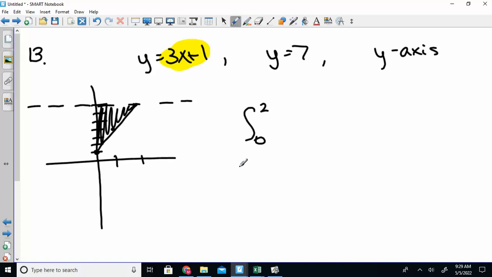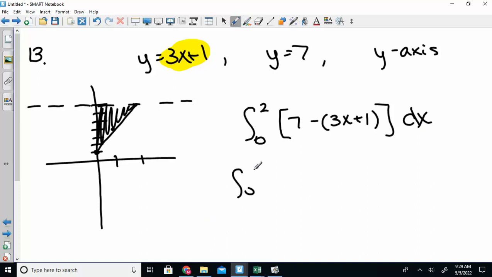If you'd done it with y, you would go from 1, our lowest y value, to 7, the highest, and then you would have to solve this for y. So then we do top minus bottom, so the top curve is just my 7, the bottom is the 3x plus 1, dx. So 7 minus 3x minus 1, so 6 minus 3x.